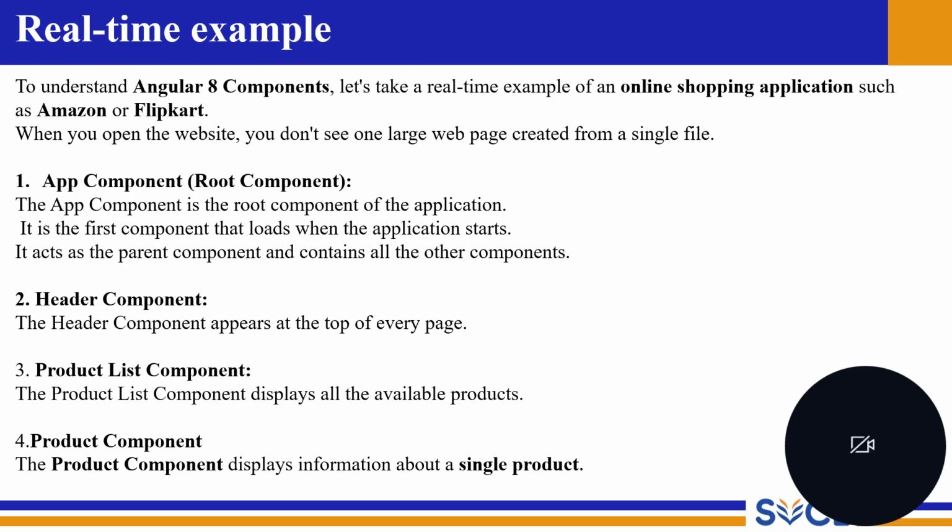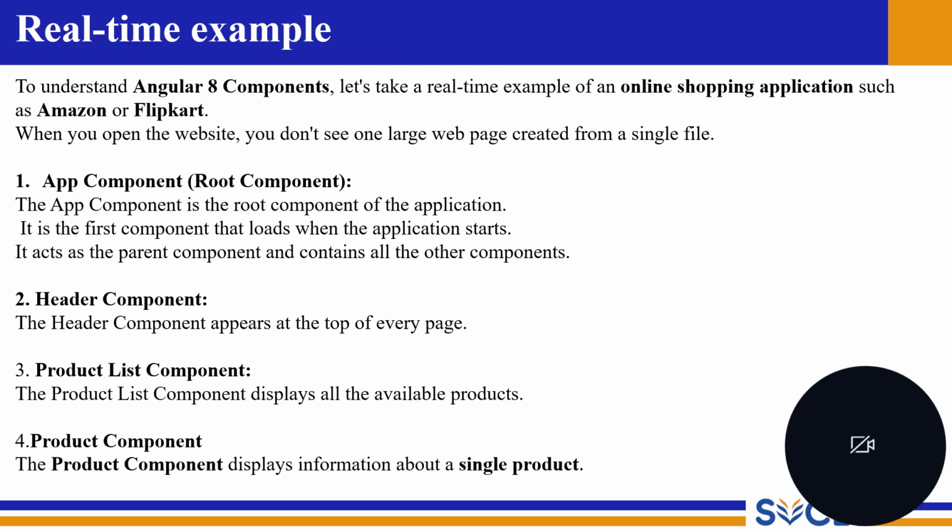It loads header component, product list component, cart component, then footer component. So for example, when a customer opens Amazon, the app component loads the entire home page by combining all these smaller components.